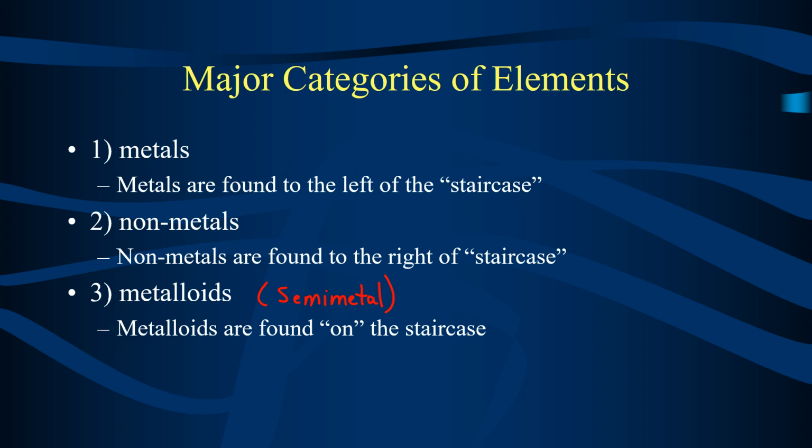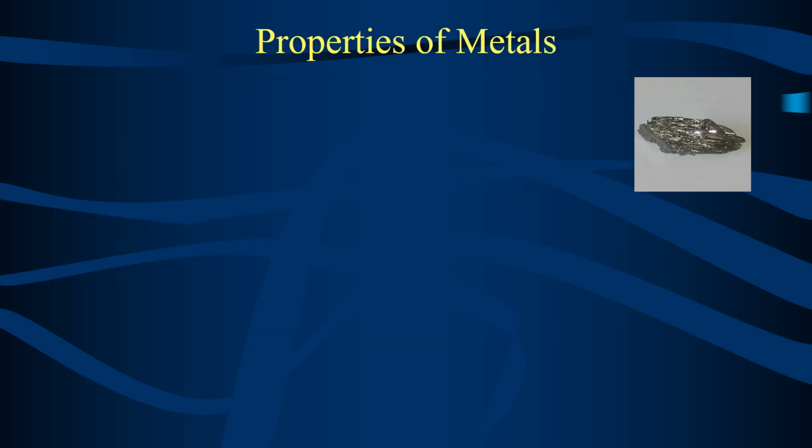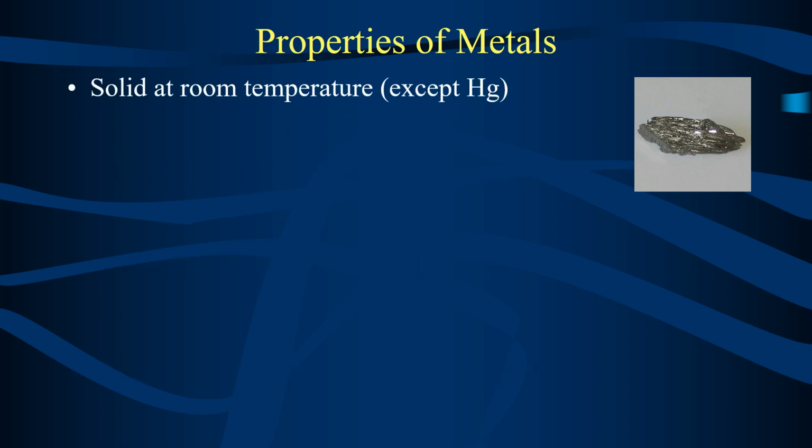All right. The first one I want to talk about is the metals. The metals make up the majority of the periodic table. They're the most abundant type of element that we found on the planet.